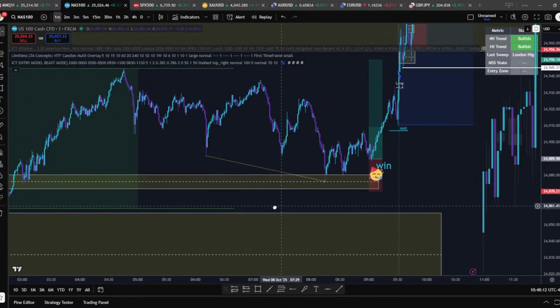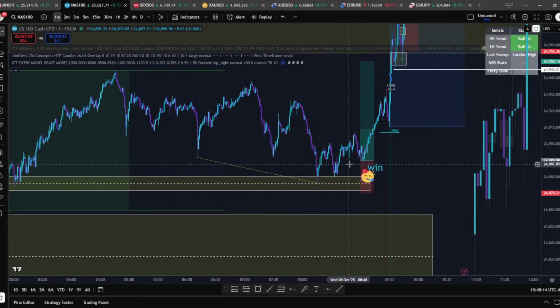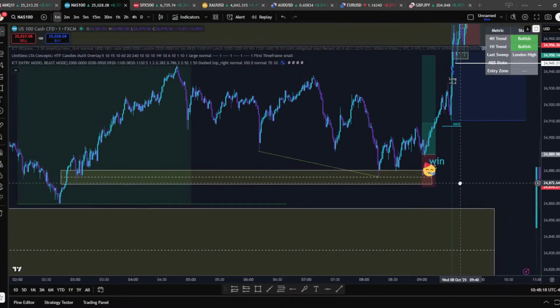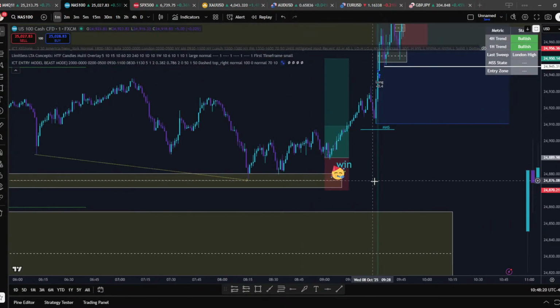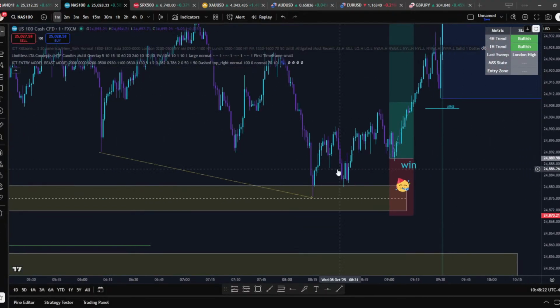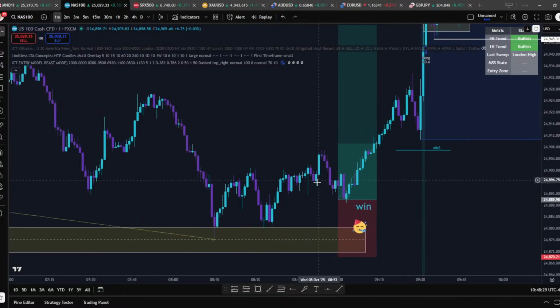Okay? So if this is what we were looking for, the SMT's there, the fair value gap's there, that's 2 of the ducks. Okay? There would have been a fair value gap here that got inversed, right? That would have been the 3rd duck.